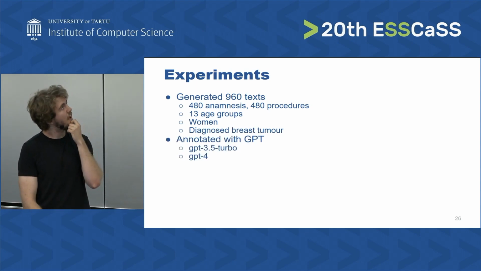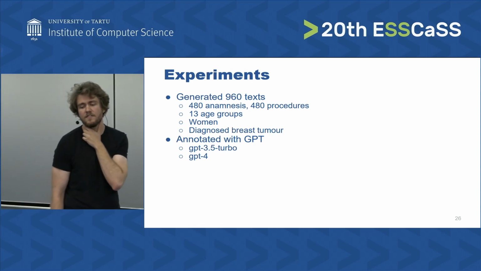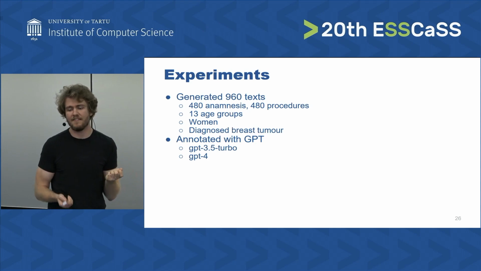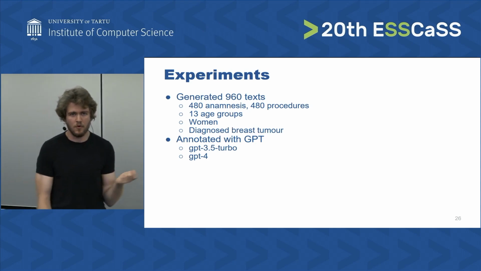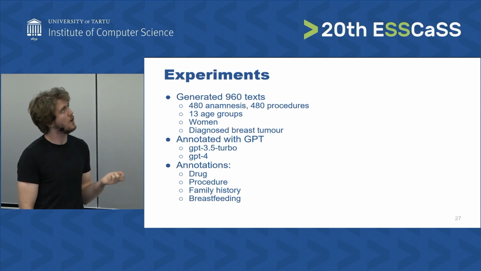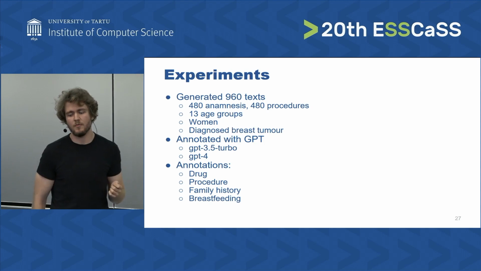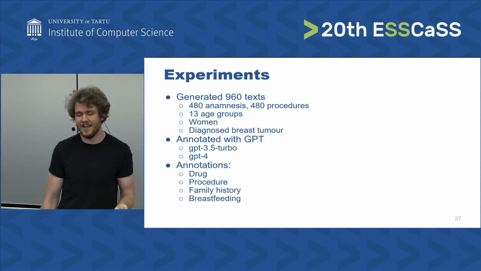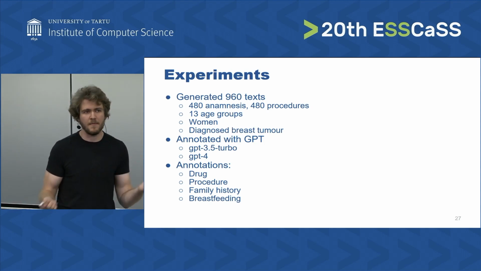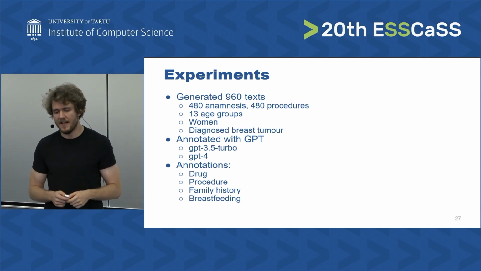And then we tried annotating it initially with GPT 3.5 Turbo, because for a long time we didn't have access to 4, and then with 4 once it came out. The classes that we were looking for were drugs, so just medication name, procedure, which we left quite ambiguous, family history, so any mentions of a relative of the patient having any disease, and then breastfeeding.